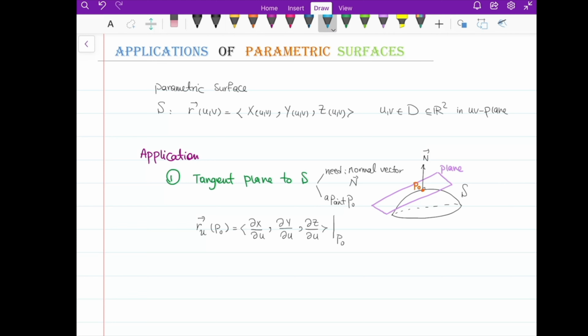In that case, I found this vector in here, which is the vector r_u at the point P0.